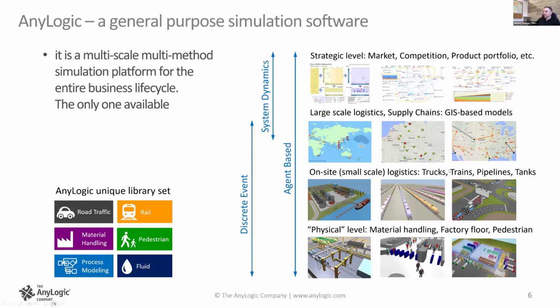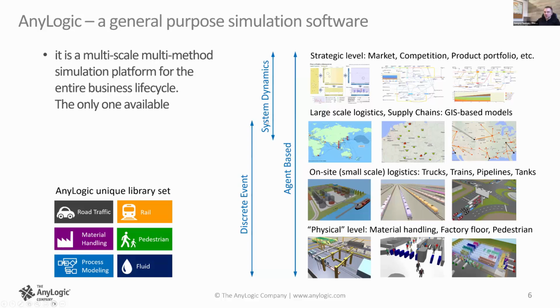You may guess that different methods are used to simulate models of different abstraction levels. For example, agent-based is applied in all the areas, while system dynamics can be applied only for the abstract strategic models, and discrete event modeling in some way here.